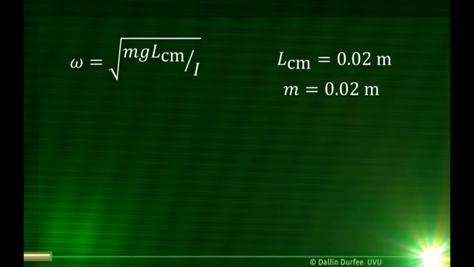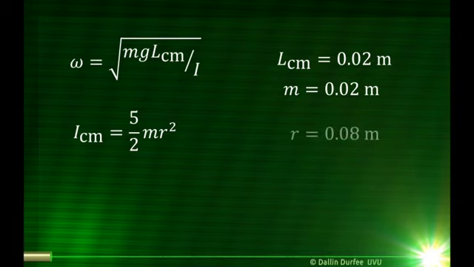Well, what is I? For a sphere rotating about its center of mass, it's just 2/5 m r squared, all right? And we know the radius of the sphere, that's given to us. But what we want for I is not the moment of inertia about its center of mass. We want the moment of inertia about the pivot. So we're going to use the parallel axis theorem.